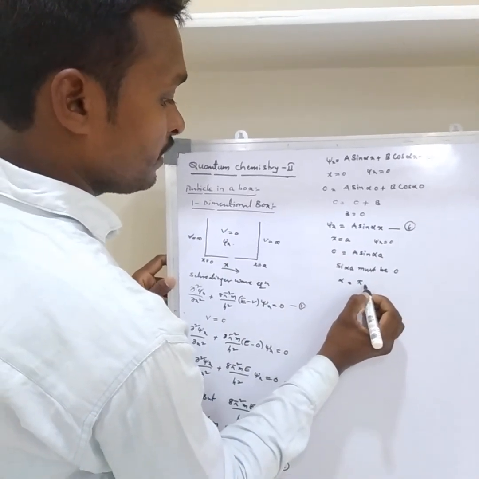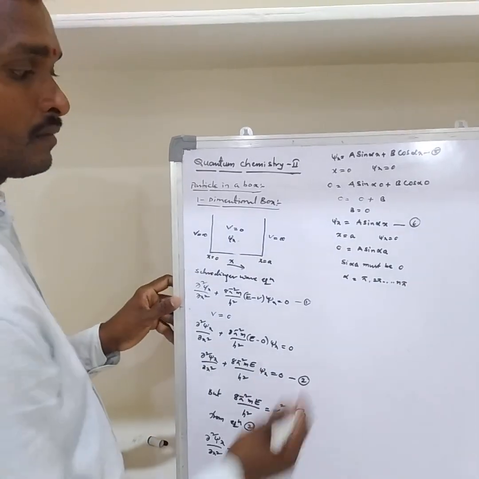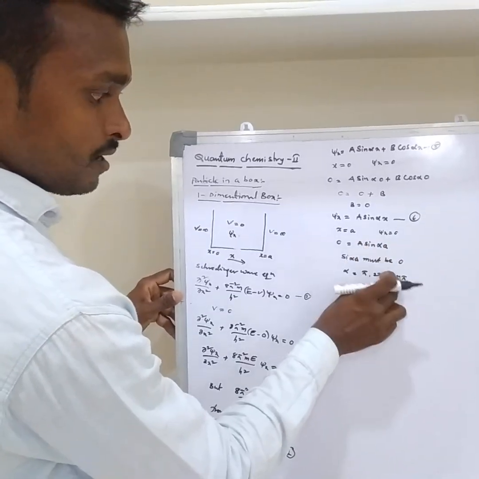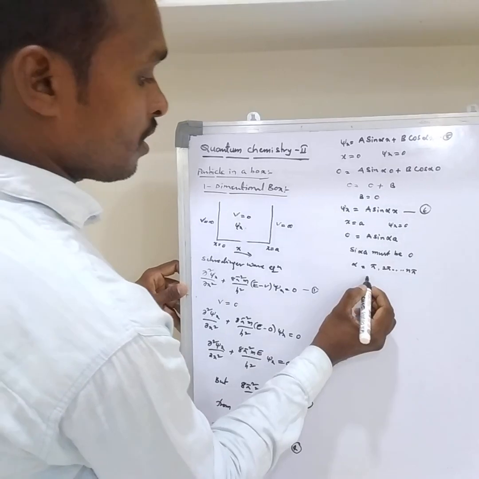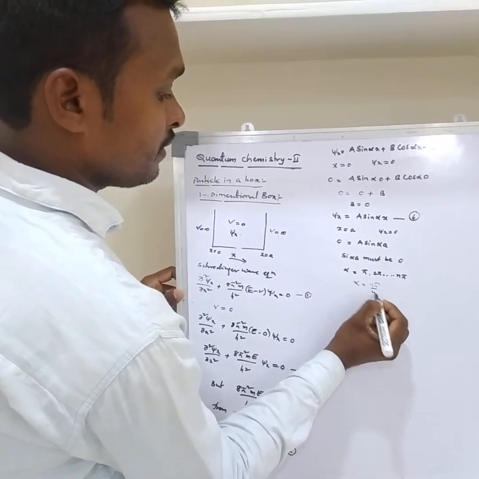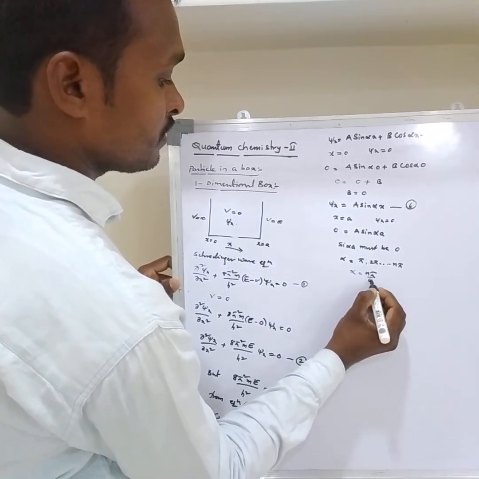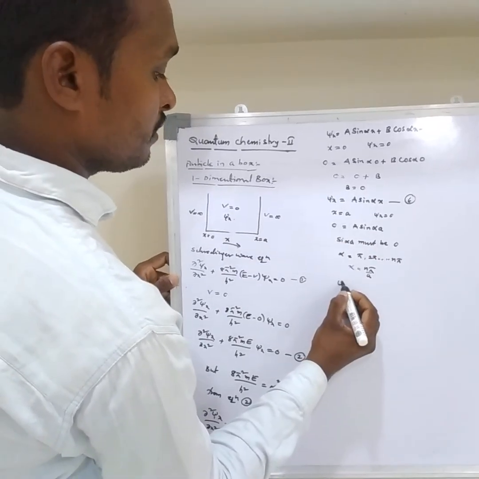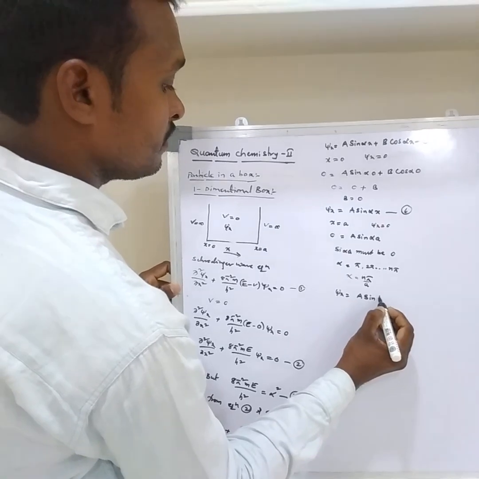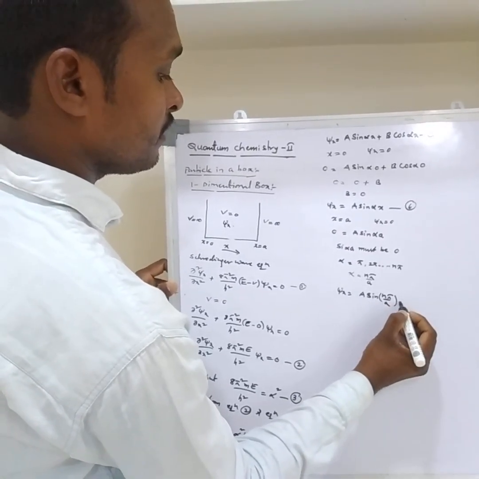Alpha a will be equal to pi, 2 pi, or n pi. So here a is there in alpha a; to cancel a, alpha must contain a. Therefore alpha value must be n pi by a. Therefore the equation is psi x equal to A sin n pi by a into x.